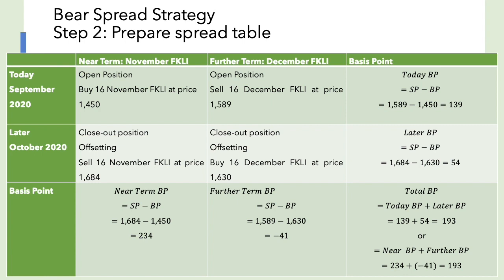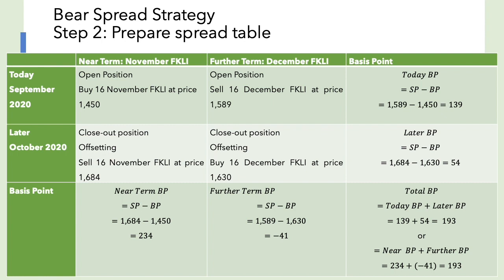Then you need to calculate the basis point for the spread table. You can calculate based on time or based on contract. If you calculate based on time, today's basis point is the selling price 1589 minus the buying price 1450, so you get positive 139. For the later basis point, you sell at 1684 minus buy 1630, you get positive 54.